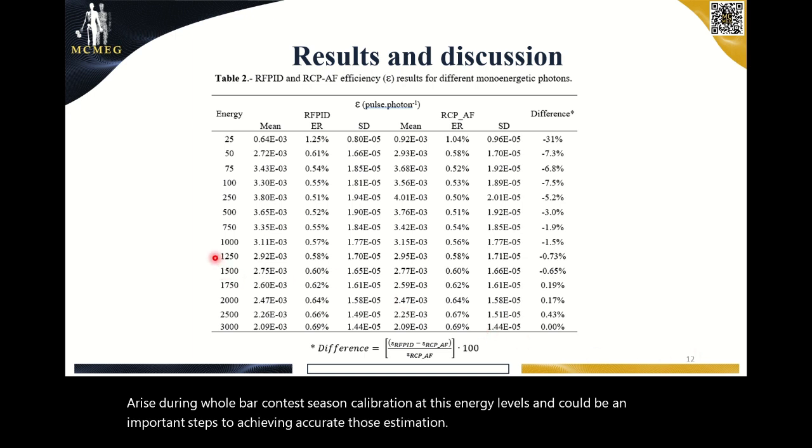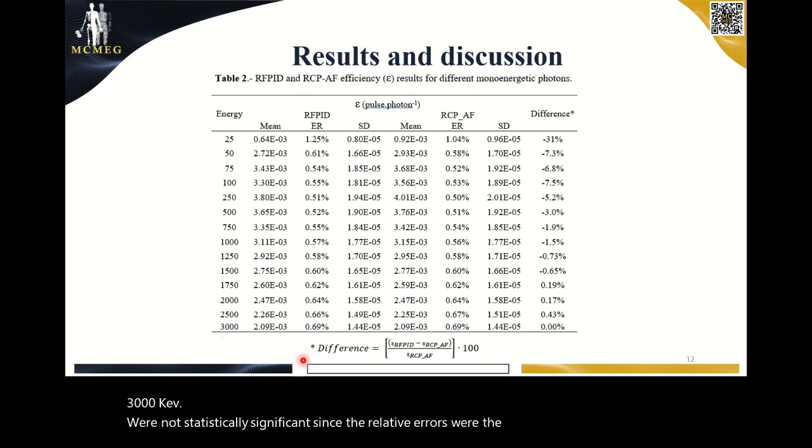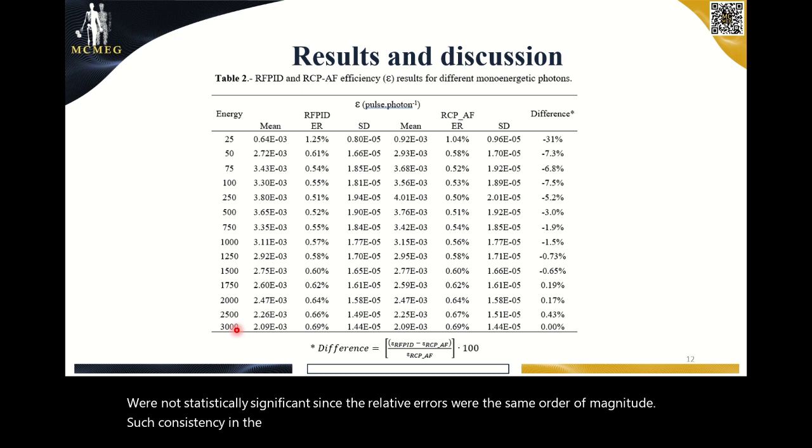And for energies of 1250 keV to 3000 keV, the differences were not statistically significant, since the relative errors were of the same order of magnitude. Such consistency in the calibration coefficient simplifies the calculation process for assessments in this range.